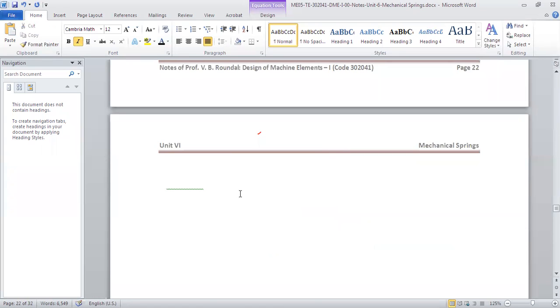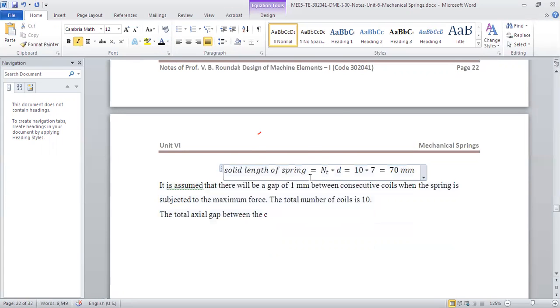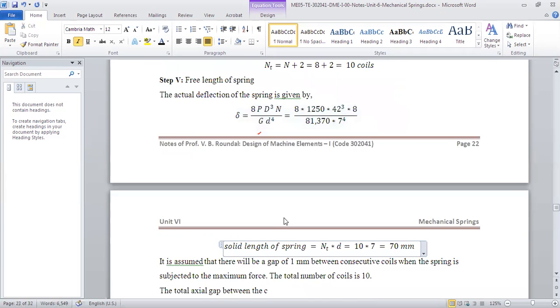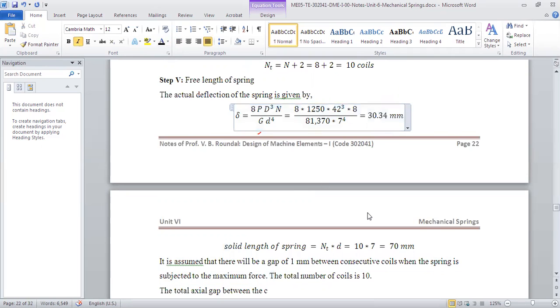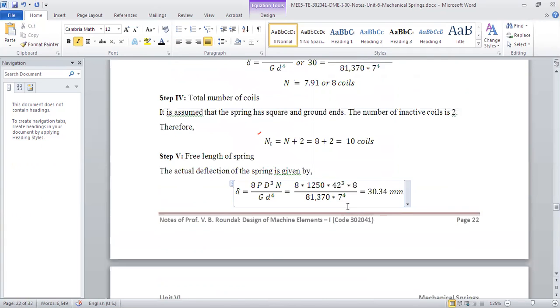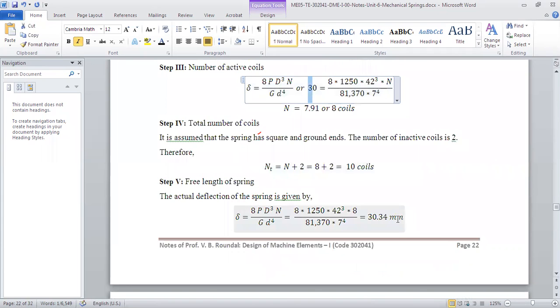So the actual deflection of the spring we get is 30.34. The initial deflection was 30, but the actual deflection will be 30.34 because of the number of coils.